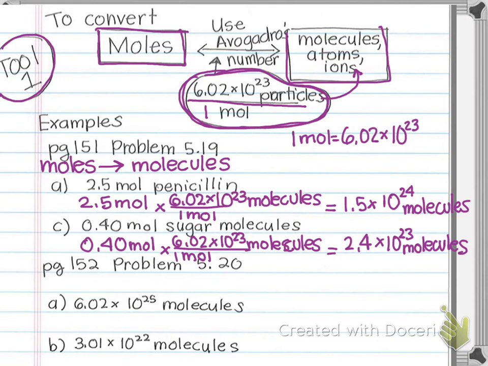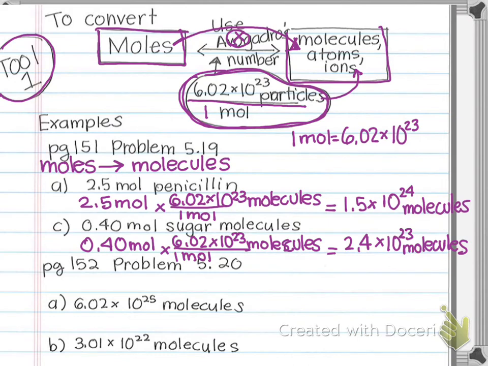If I took the number of moles, I just used Avogadro's number to figure out molecules. So in this first step, I went from moles over to molecules. What did I do? I multiplied. So to go from the number of moles to the number of molecules, you will multiply by Avogadro's number.